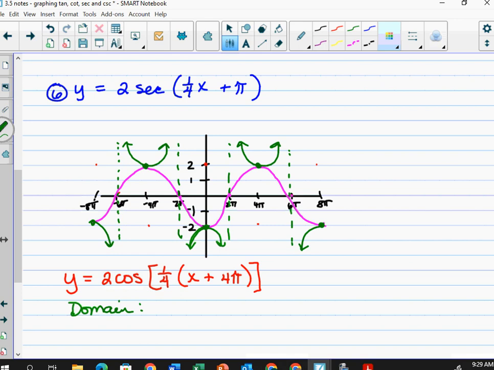That's the full cosine graph, shifted, all of that stuff. When you're adding pi, you just add pi. I shift by 4 pi. Pi over 4 would be tough to graph.